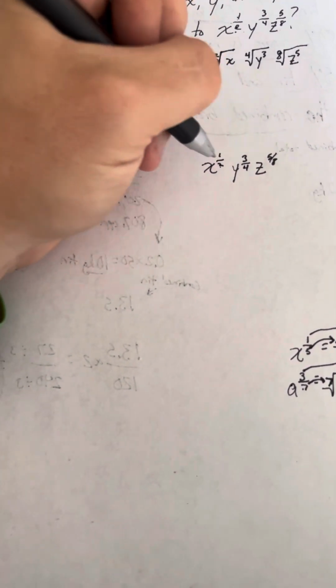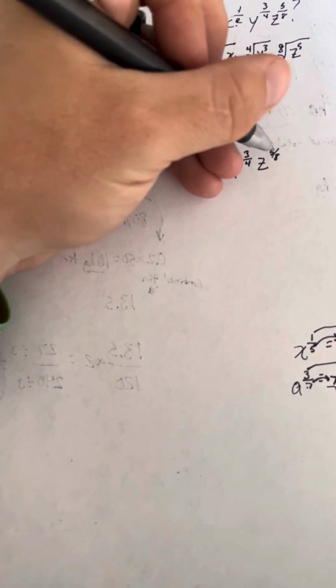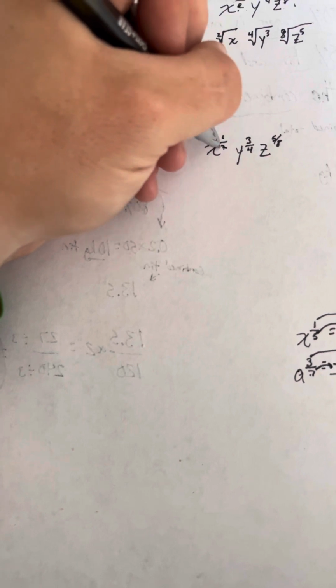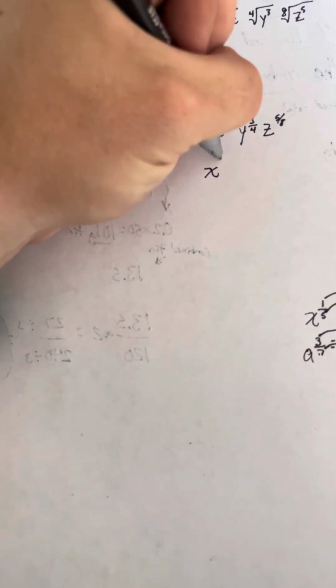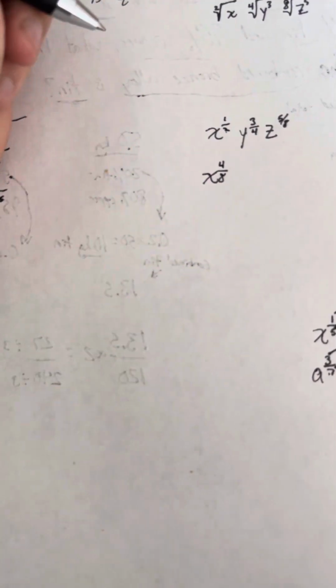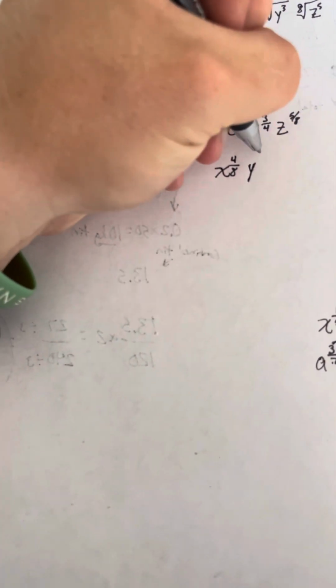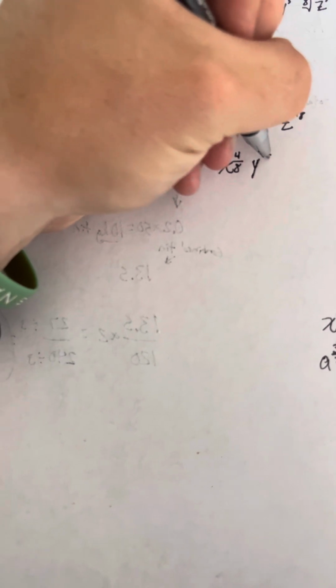So what we need to do is change each of these fractions to where they all have a denominator of 8. So x to the 1/2 changes to x to the 4/8. Y to the 3/4 changes to y to the 6/8.